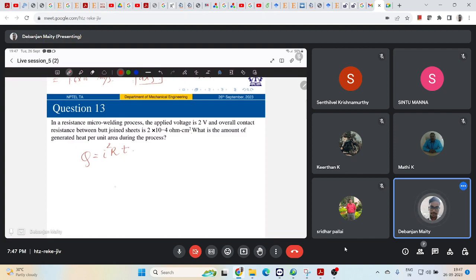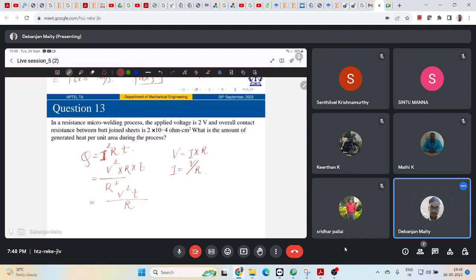How can you find out the ampere? V equal to I into R, so I is equal to V by R. So V square by R square into R into T, that is V square into T by R.